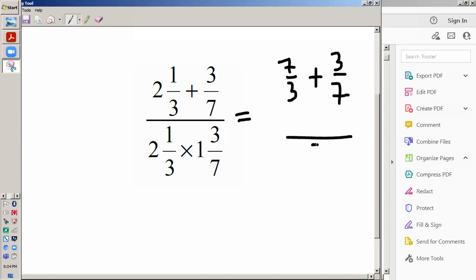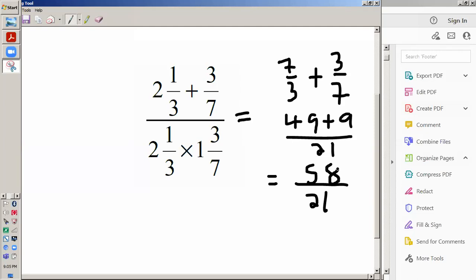I have 21, sir. I don't know if that's right. Okay, so 3 into 21 is 7. 49 plus 9 over 21. 49 plus 9 is 58. Okay, so put that to one side.